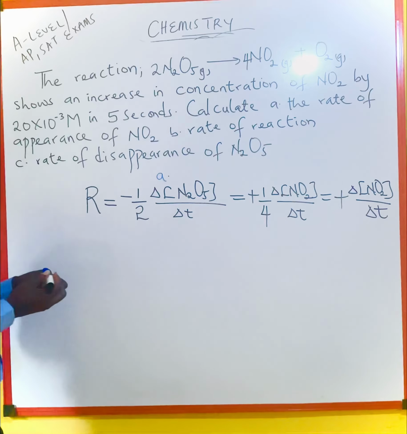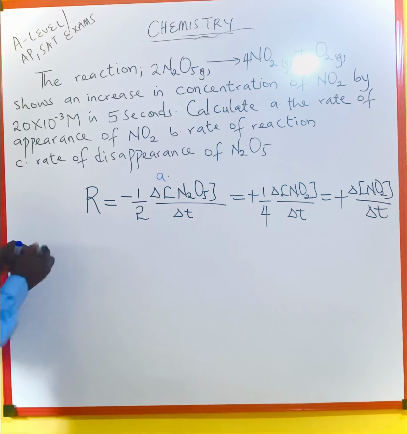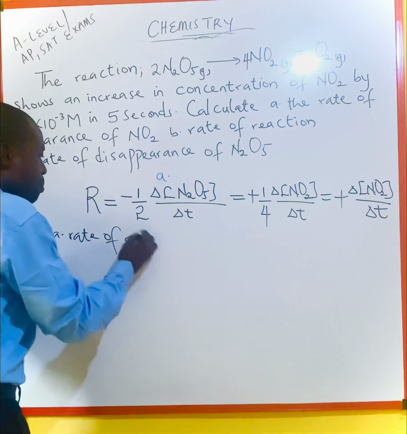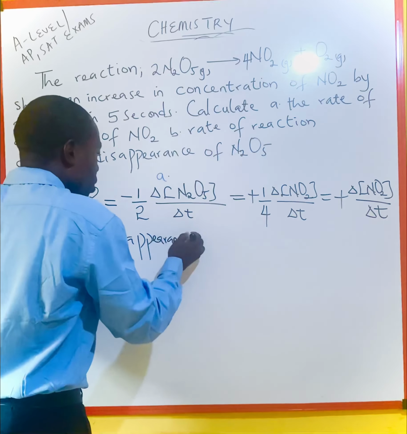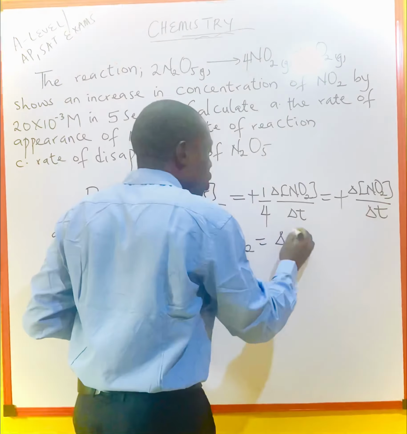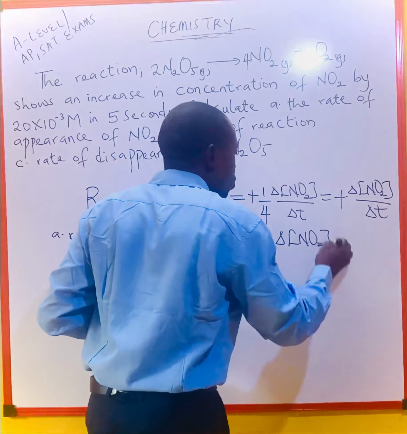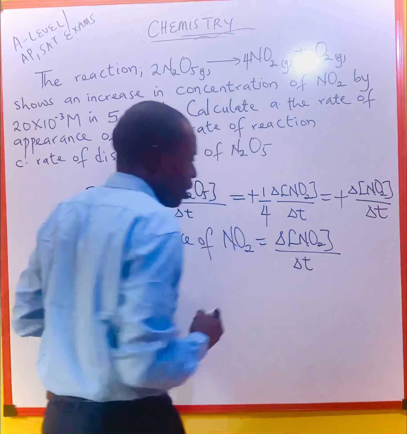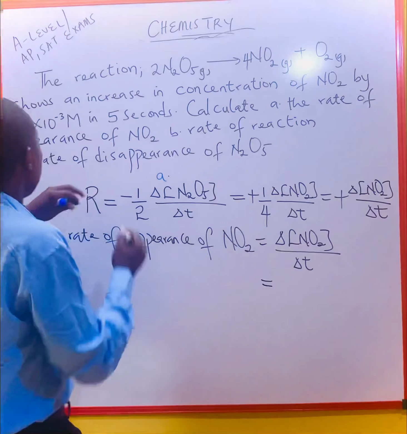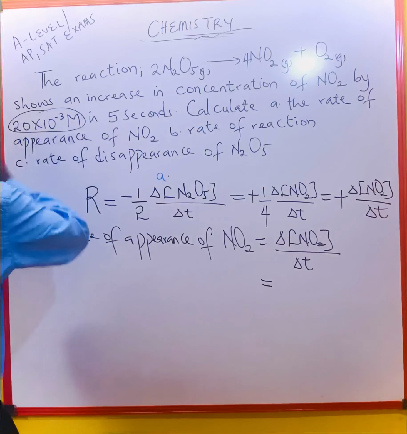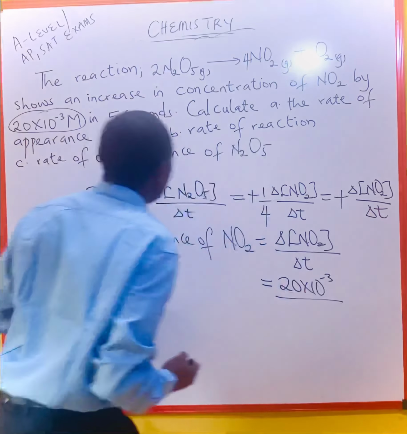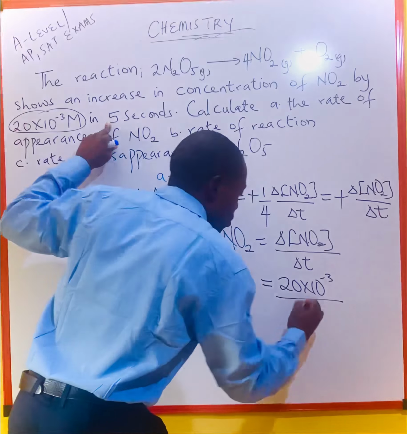But the question says calculate the rate of appearance of NO2. The rate of appearance of NO2 is simply equal to change in the concentration of NO2 over change in T, which is equal to, of course, the change given to us, 20 times 10 raised to minus 3, over the change in time, which was 5 seconds.